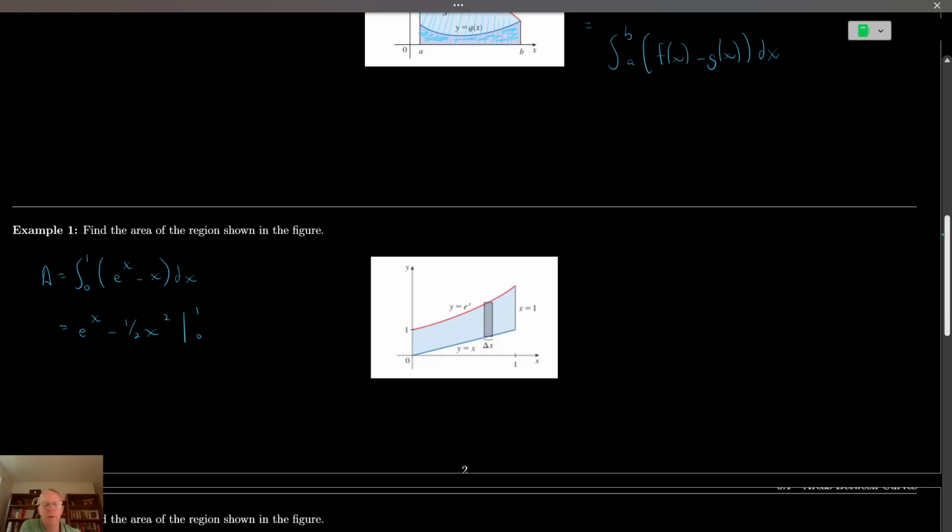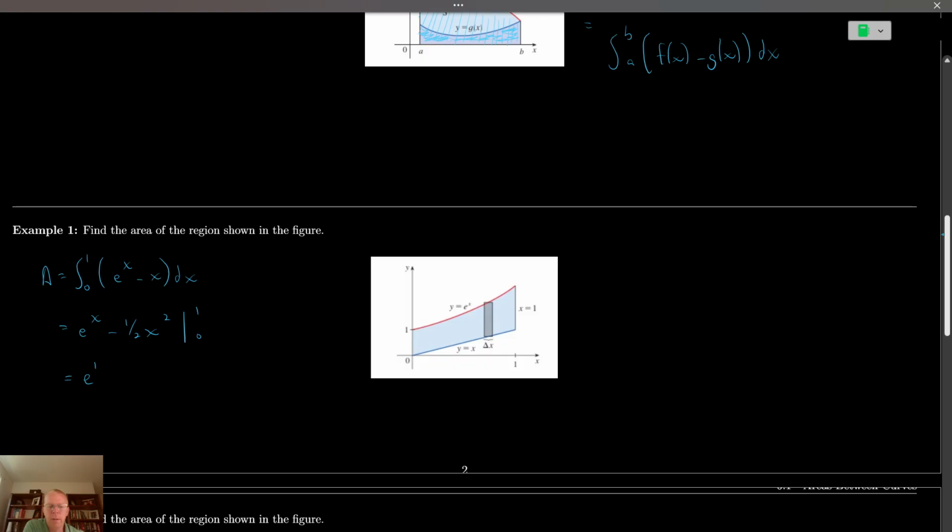If you're a little rusty on your integration, if it's been a few months or years, go back and review. You could probably find a worksheet online that goes over basic integrals, or find a table with functions like x, e to the x, and basic trig functions. Those will be in any table you can find on the internet.